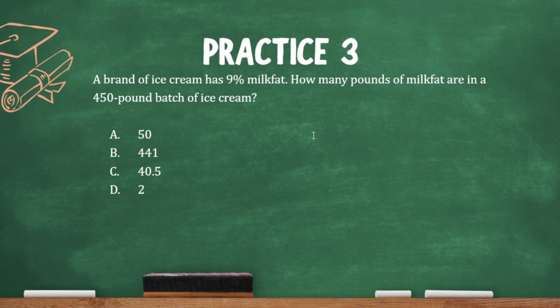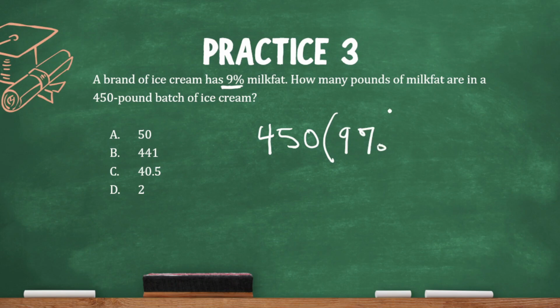A brand of ice cream has 9% milk fat. How many pounds of milk fat are in a 450-pound batch of ice cream? So we have 450 pounds, and if we want to take a percent of that total, we're going to multiply it by the percent.